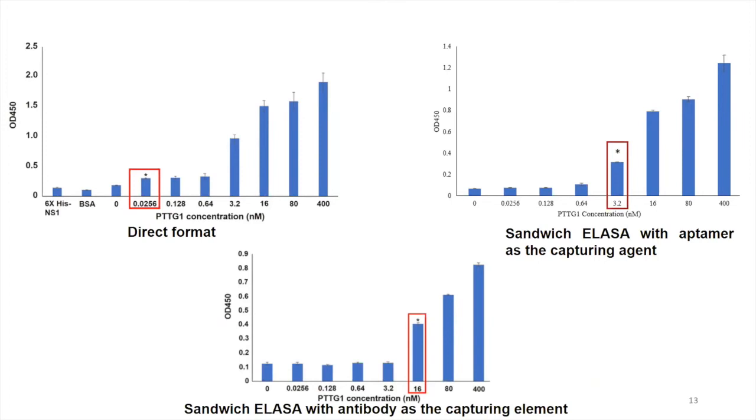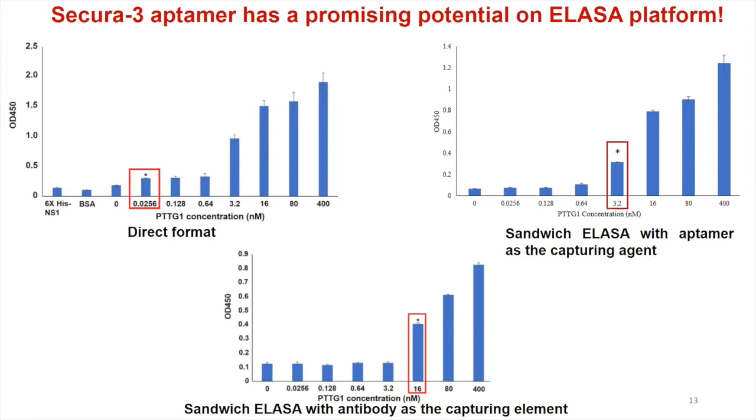When it is captured by the first capturing agent, the conformational change imparted by the binding probably reduces the binding of this PTTG1 with the detection agent. So that's the reason there is a difference in the limit of detection between sandwich ELISA and direct format. But the most important point I would like to make here is that the Sekira 3 aptamer has promising potential on the ELISA platform.